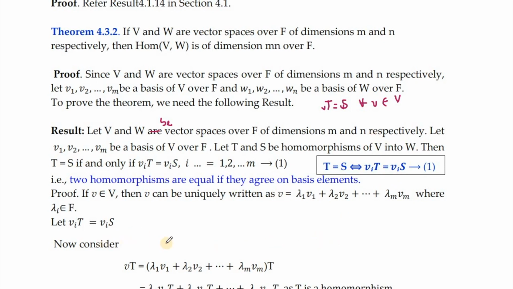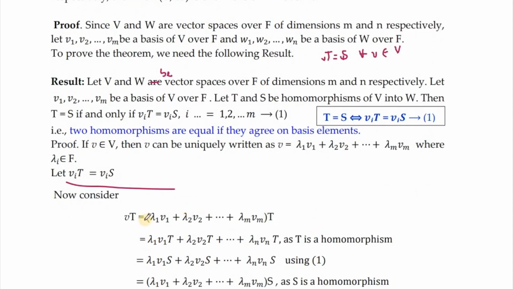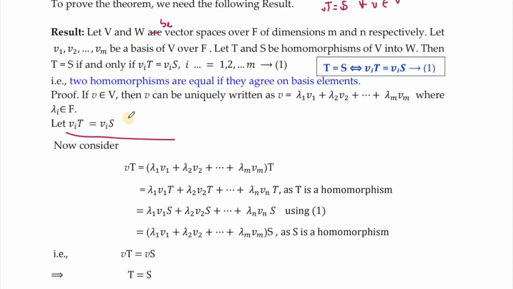So our job is now to prove the part viT equal to viS, that is, T and S agree on the basis elements means the homomorphisms are equal. You consider vT, v you can replace by this, because T is a homomorphism, you have this step. But each viT can be replaced by viS, so v1S, v2S and so on up to vmS because of this. And if we name this here as 1, using that we have this step.